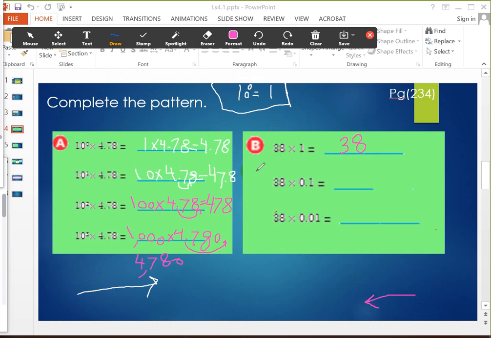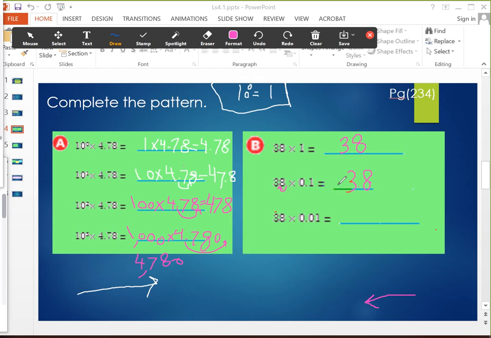Very easy. Any number multiply 1 equals the same number. Now 38 multiply 0.1. When I want to multiply a tenth with 38, I have to move the decimal point only one digit. That means the decimal point right here, I have to move it one digit. It will be right here. So the number will be 3.8.